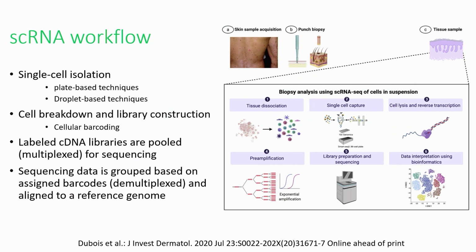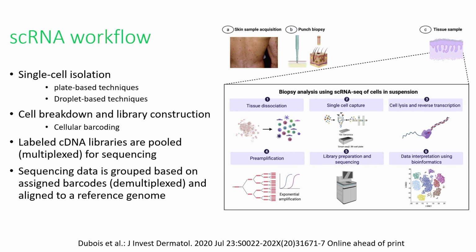Concerning the single-cell RNA-seq workflow, initially there were plate-based techniques where you just sort one cell into one vial and then analyze it. But now the droplet-based technique that is commercially available has become widely used, and it's what's being used by most investigators.